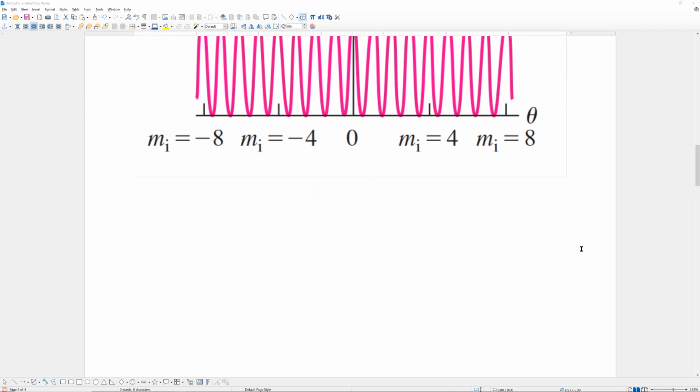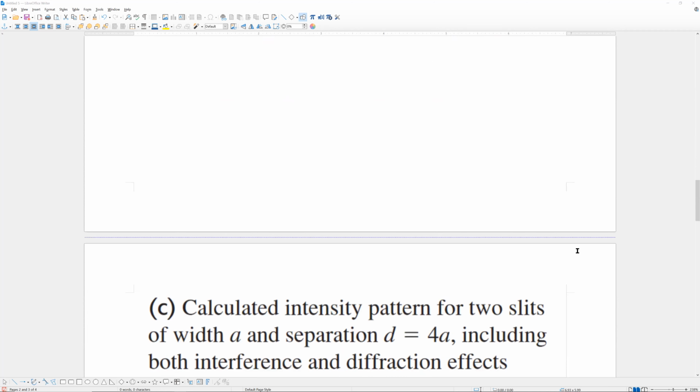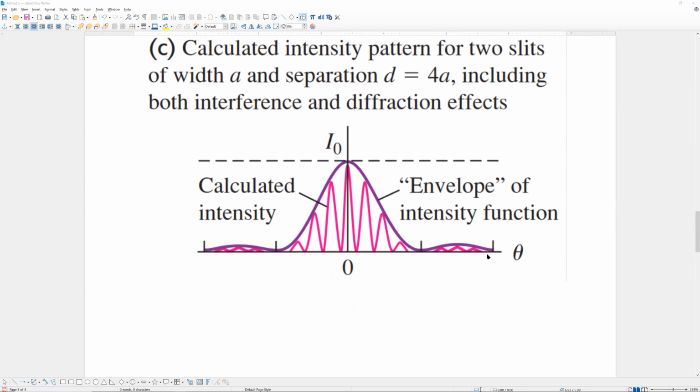And when we actually consider diffraction, what we end up with is something like this, where the red, and I hope it's coming through as red, is showing you the two-slit interference pattern, but it's being controlled by the purple line here, which is the intensity of the single-slit diffraction.